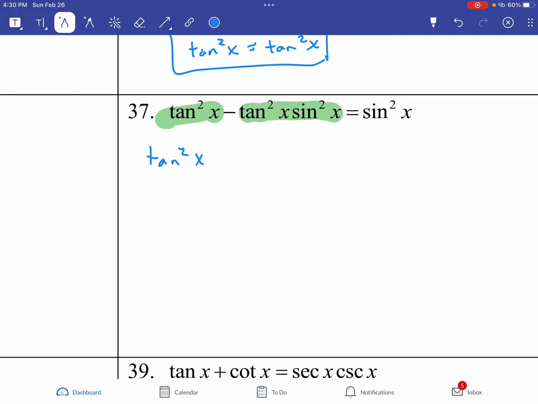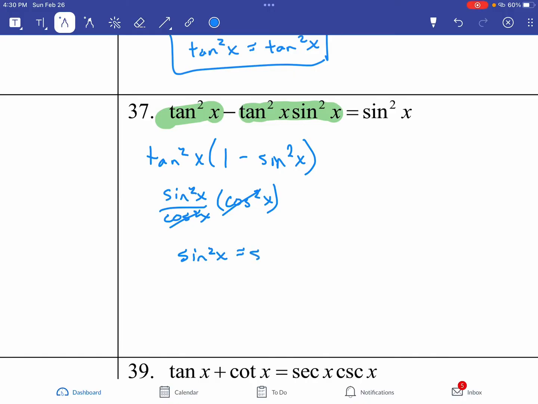I'm going to take that out as a greatest common factor, and I'm left with 1 minus sine squared. 1 minus sine squared is also cosine squared. I still have tangent squared, which I'm going to make into sine squared over cosine squared. When I do that, these two cosines will cancel out, and I'll be left with sine squared equals sine squared.